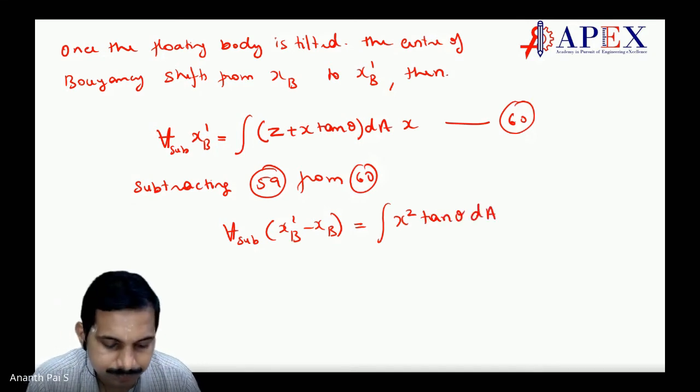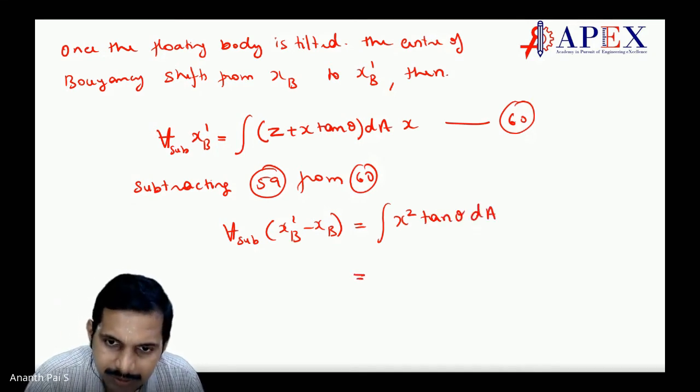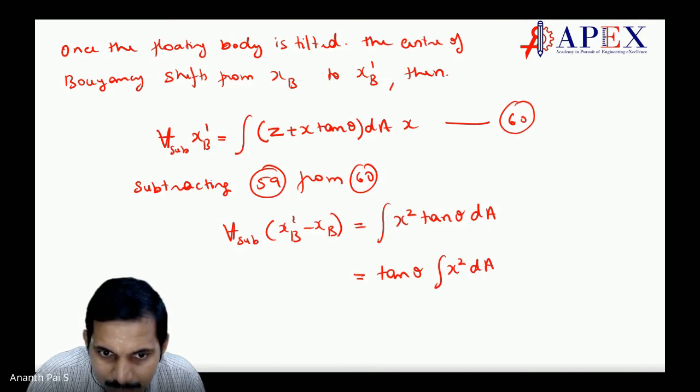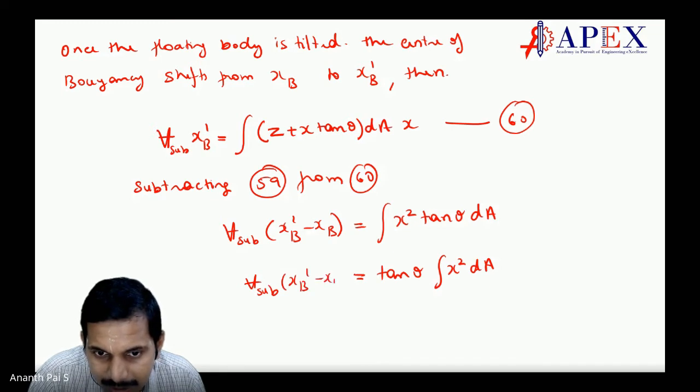Agreed? And this can be written as tan theta into the integration of x square dA. So that would be volume submerged into x_b dash minus x_b.